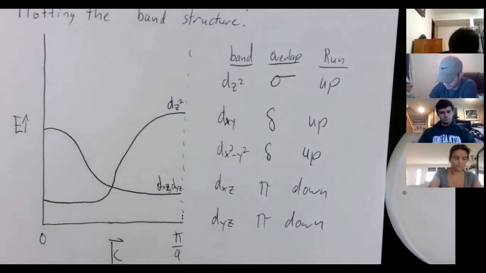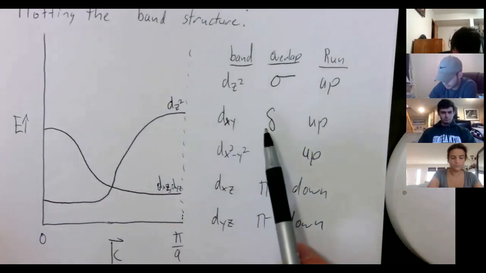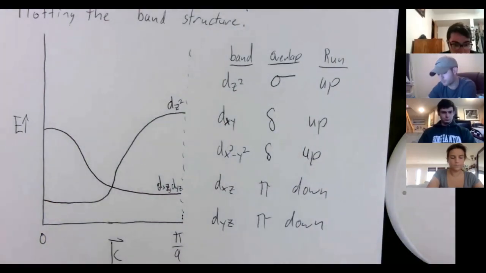Okay, then we'll have the dxy. We said the dxy has delta overlap. Since it has delta overlap, its dispersion is much weaker.